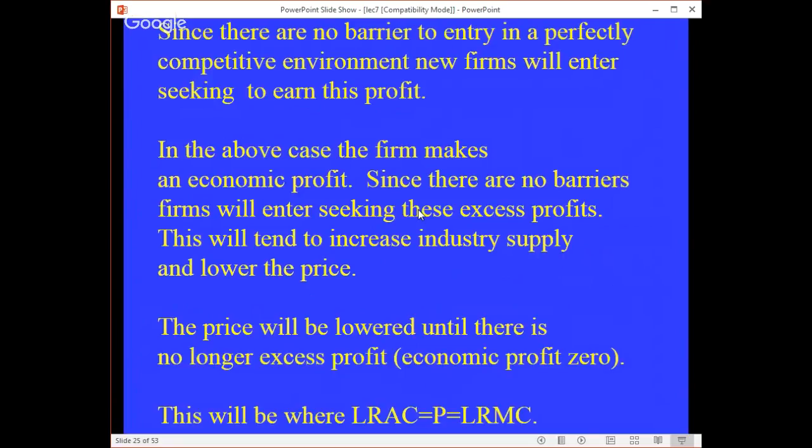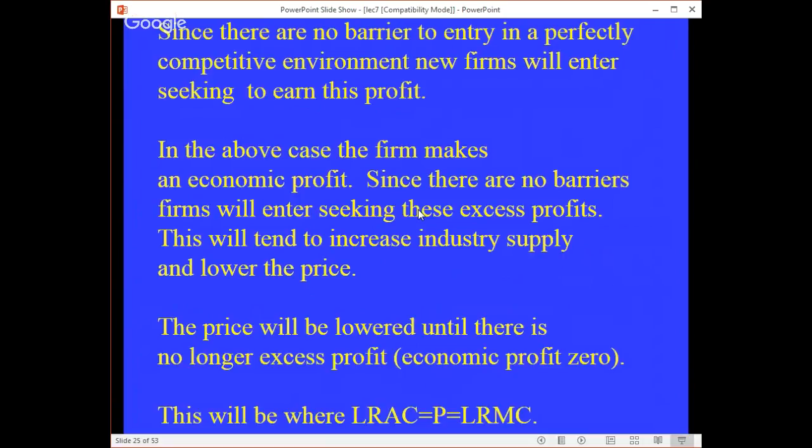Since there are no barriers to entry, firms will enter seeking these excess profits, and this is going to increase market supply. And when market supply increases or shifts to the right, the price decreases, right? And the price will keep decreasing until there's no more incentive to enter this market. And that'll happen when economic profits are driven to zero.